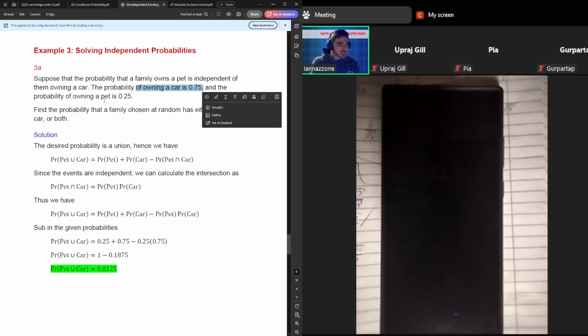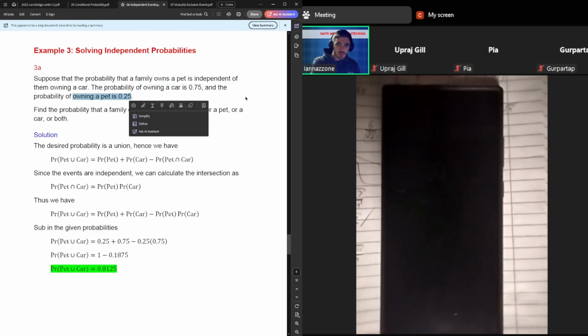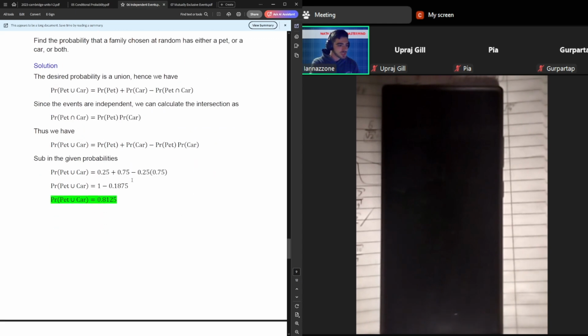Probability of car, 0.75, probability of pet, 0.25. So we're just going to replace this intersection with that product and then slide in those numbers and simplify down. Again, if you prefer fractions, by all means, make these 1/4 and 3/4 respectively. That can make things a bit nicer if you like that. Otherwise, this is another way of doing it, decimals.